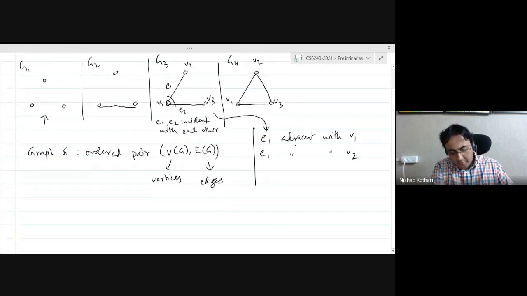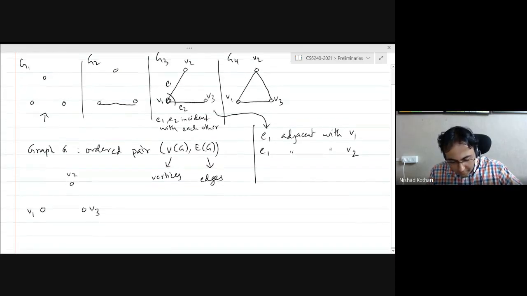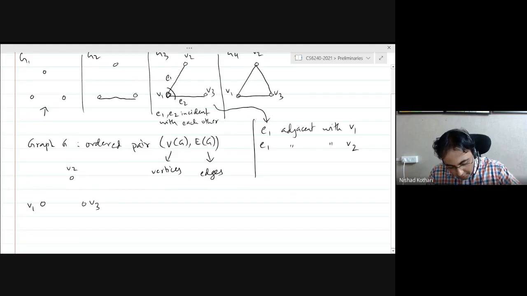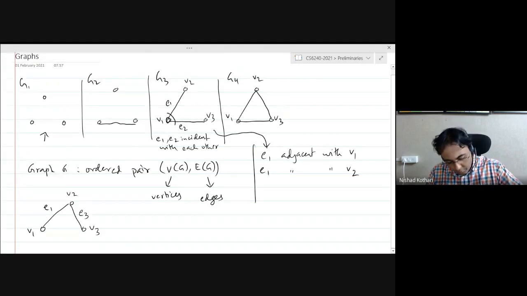Of course, one point you might say, well, what about this graph? So I take V1, V2, and V3, and instead of making 2 edges incident at V1, I will make 2 edges incident at V2, and I will call this E1 and let's say I call this E3. In some sense, these graphs look different, right?